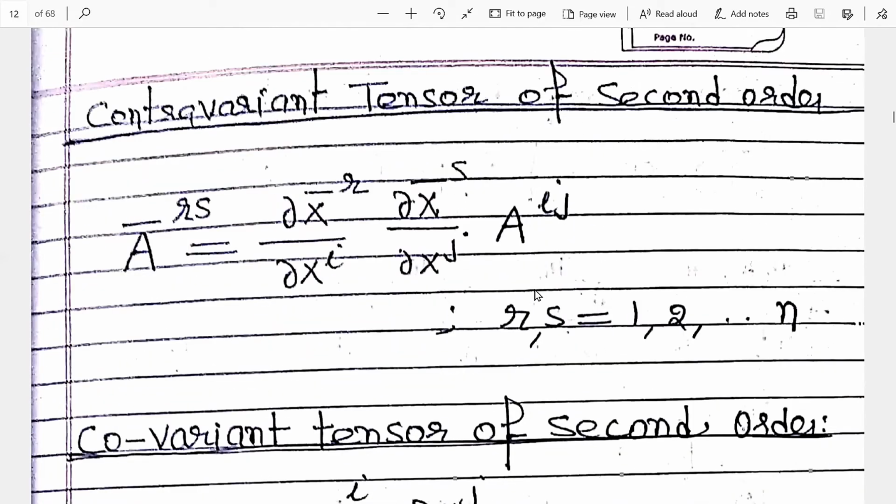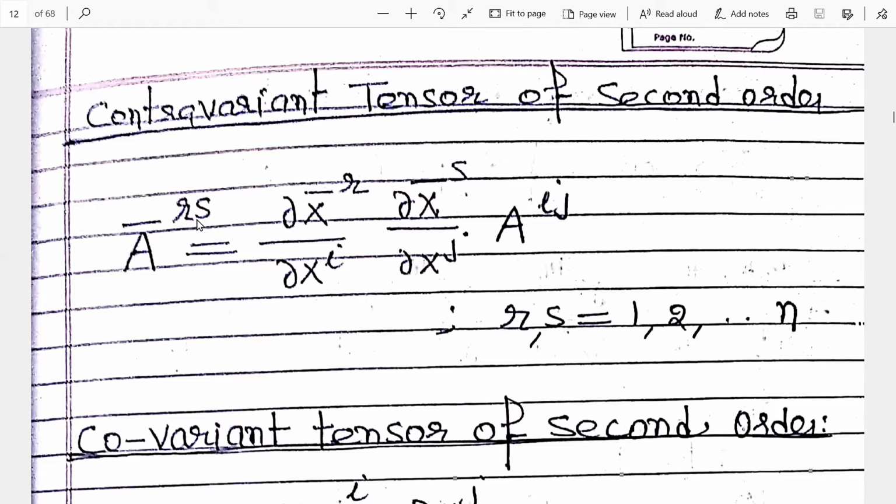Now, our next definition is similar, but it is of rank 2. It is of order 2. First definition is the contravariant tensor of second rank. In the second rank, we already know that A bar RS, if it is a superscript, it means contravariant.